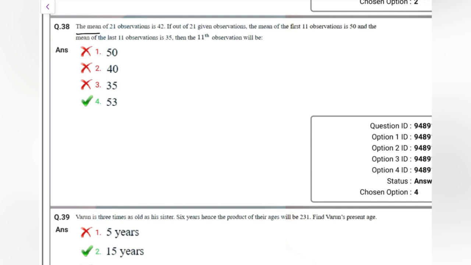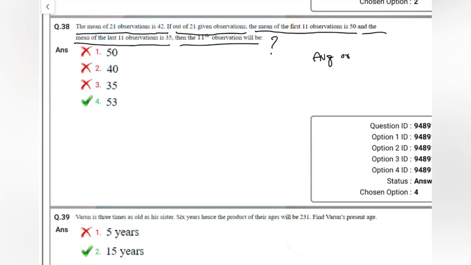The mean of 21 observations is 42. If out of 21 given observations, the mean of the first 11 observations is 50 and the mean of the last 11 observations is 35, then the 11th observation will be. We know that average or mean is equal to sum by number of elements.